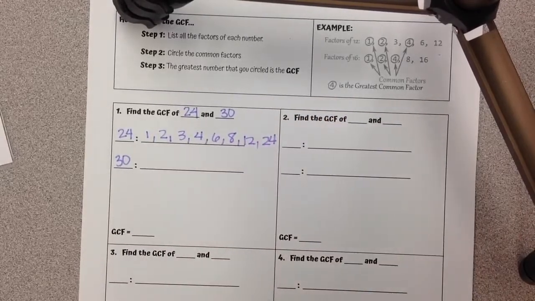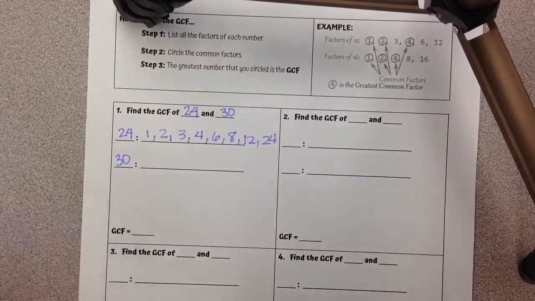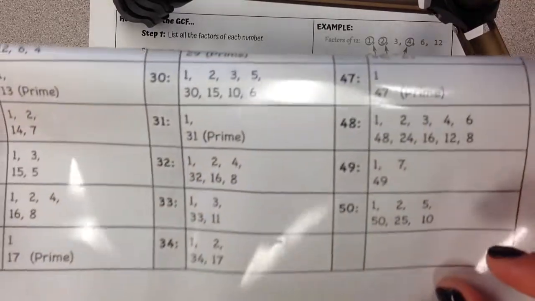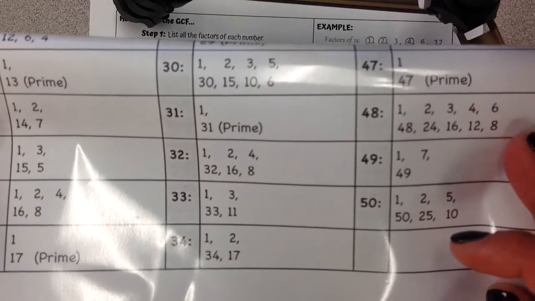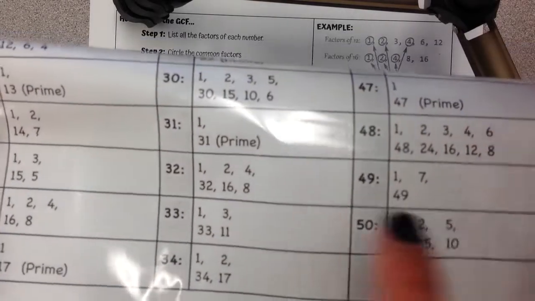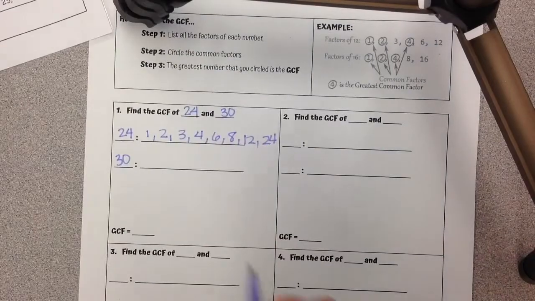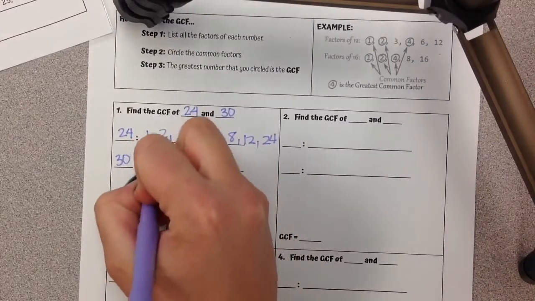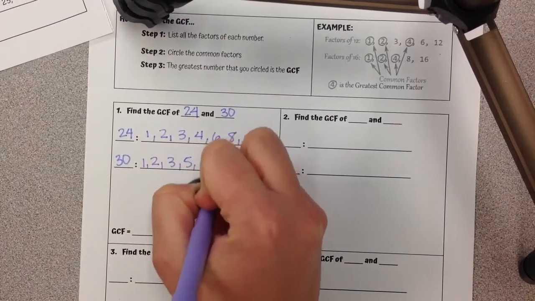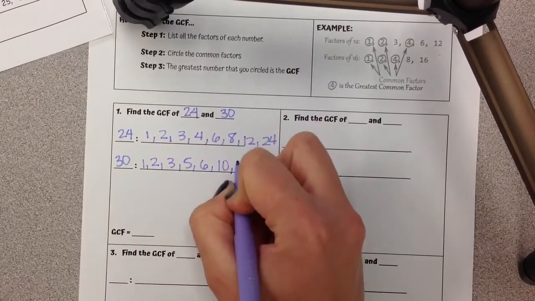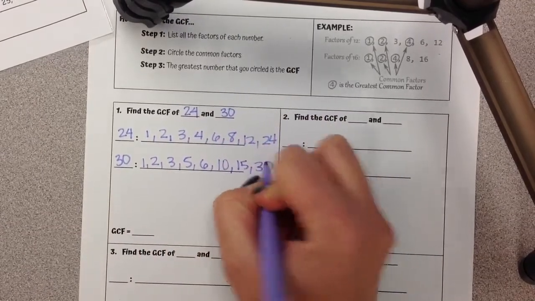Okay? Then I'm going to go ahead and find 30 on my factor chart, which is right here in the middle. 1, 2, 3, 5, 6, 10, 15, 30.